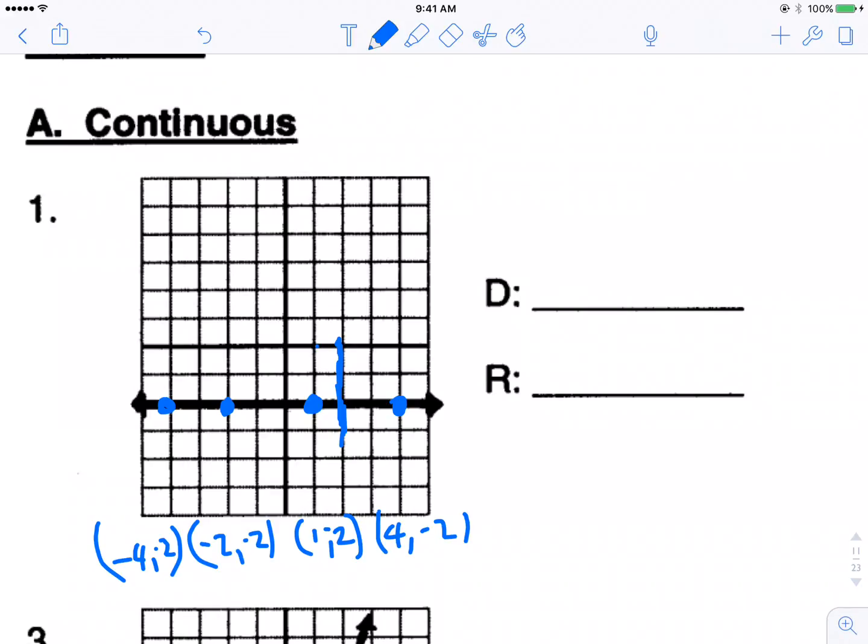Can it be 3? Yeah. Can it be 4 or 5 out here? Yes. Can it be 6, 7, or 8, which is off the graph? It can be, because this arrow indicates that this goes on forever. Can it be 1,000,000 way out here? Sure it can. In fact, it can be everything up to there.